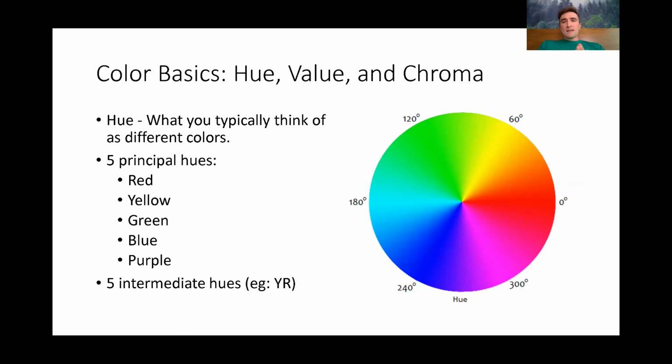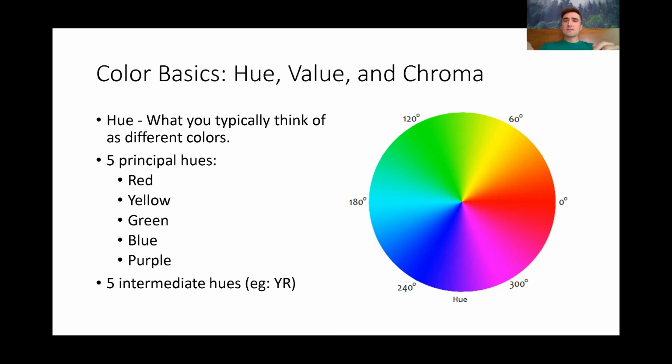The basis for the Munsell system is three distinct characteristics of color. When you look at color, most of us just think of our primary colors or a range between them. But there are three main characteristics of color, and those are the hue, the value, and the chroma.